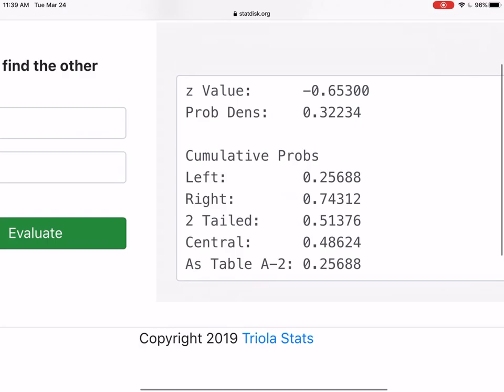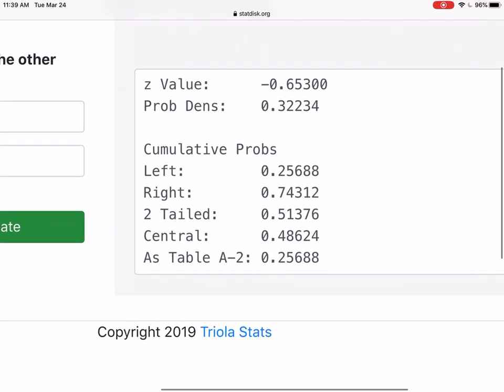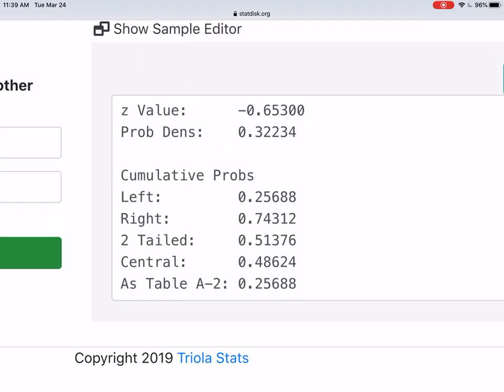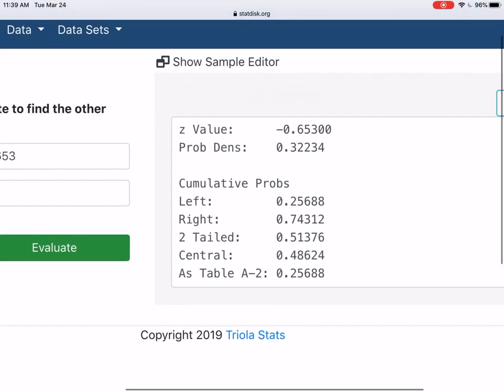When we evaluate that, we have the cumulative probability, the probability to the left of that z-value, which is 0.25688, and the probability to the right is 0.74312. That's the probability we want, the 0.74312, because we shaded the area to the right. So let's go back.